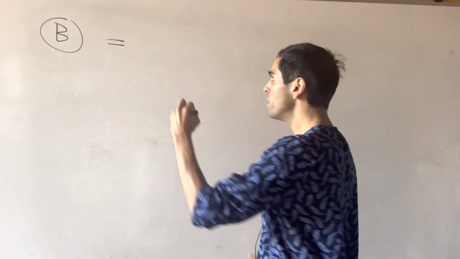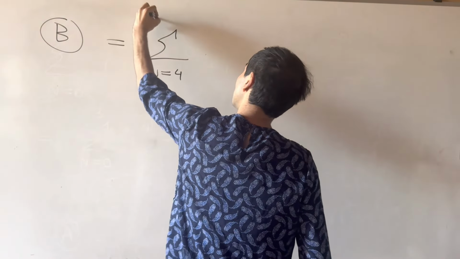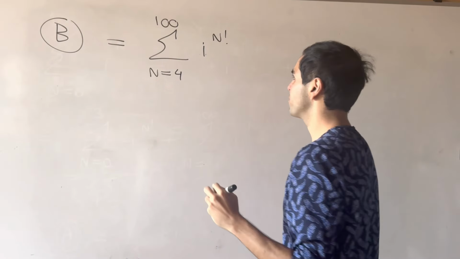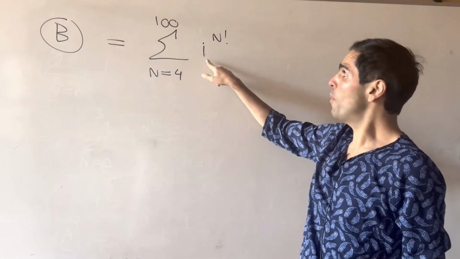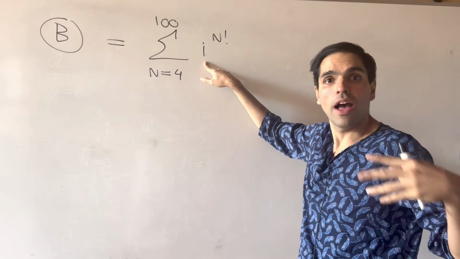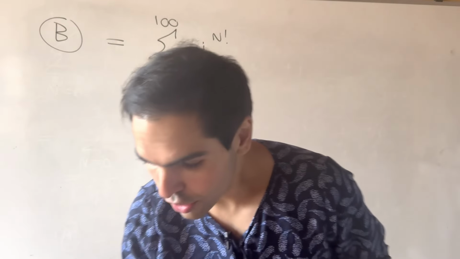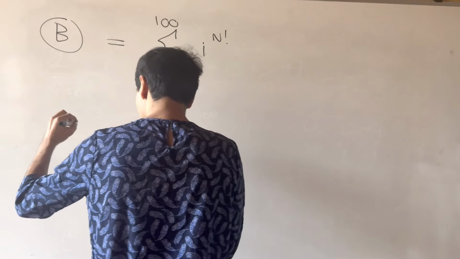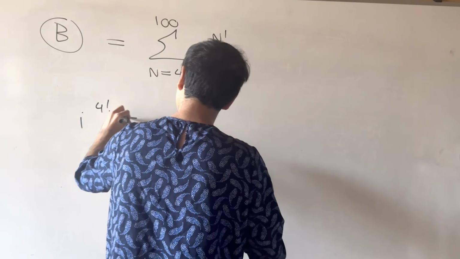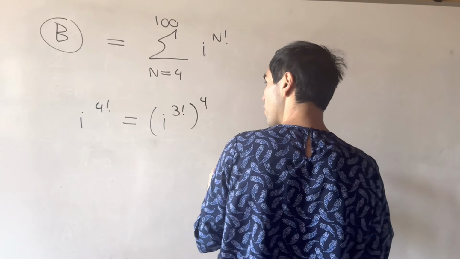So remember, B is the sum from n from 4 to 100 of i to the n factorial. And the whole point is, if you're raising i to any multiple of 4, this becomes 1. So for instance, i to the 4 factorial, that is i to the 3 factorial, times 4, right?